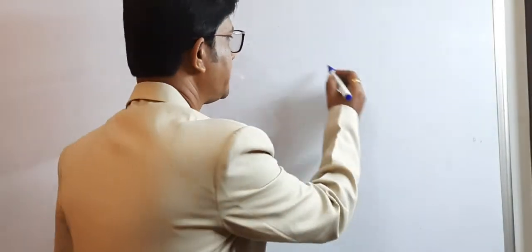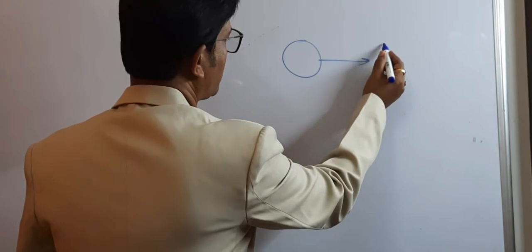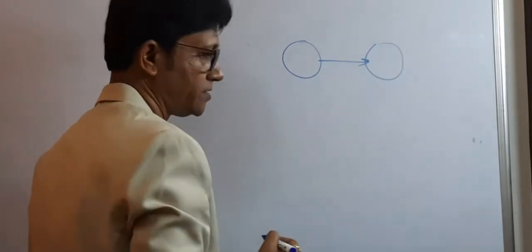The assumptions of drawing networks are: the arrows are always drawn from left to right. The orientation of arrows is either horizontal or vertical, but not a curved line.